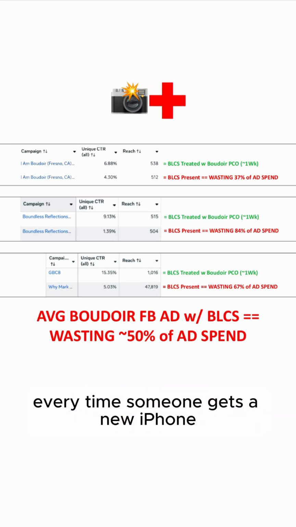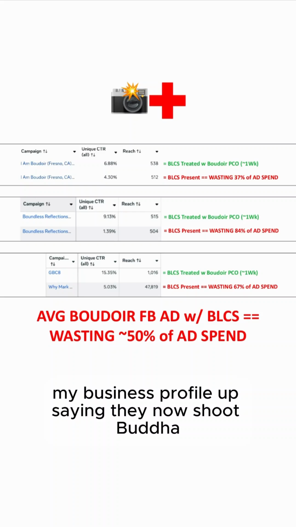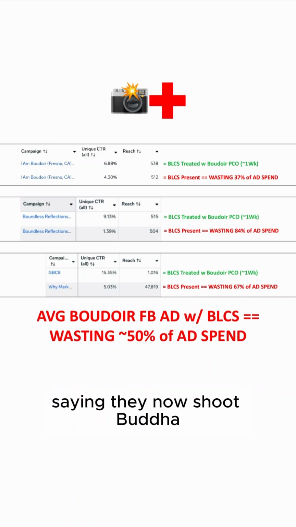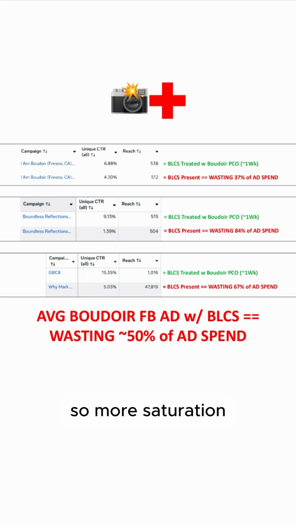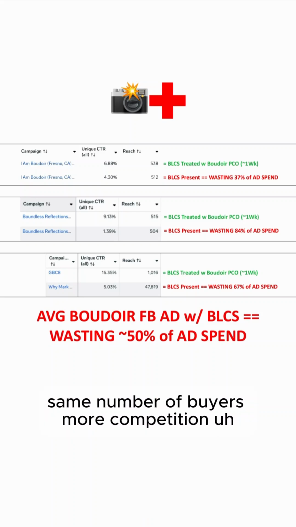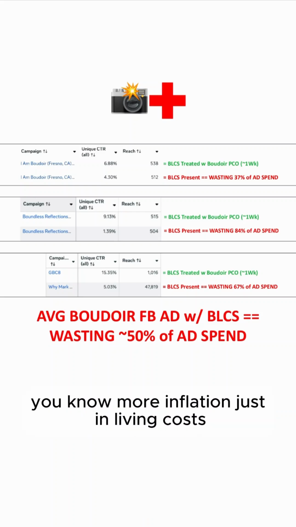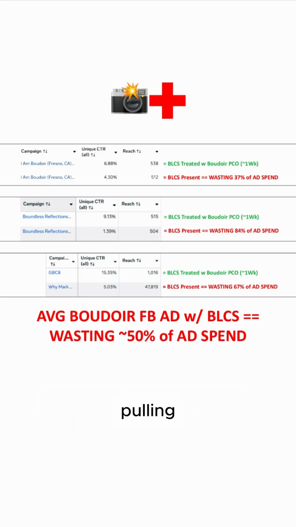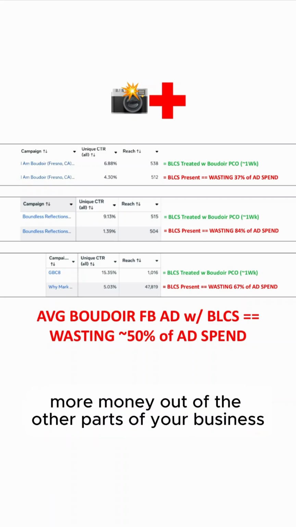Every time someone gets a new iPhone, they're putting their Google My Business profile up saying they now shoot boudoir. Every time someone gets a new camera, they're posting in the mom groups saying they now shoot boudoir. So more saturation, same number of buyers, more competition. You're seeing more inflation in cost of living, and you're pulling more money out of the other parts of your business.